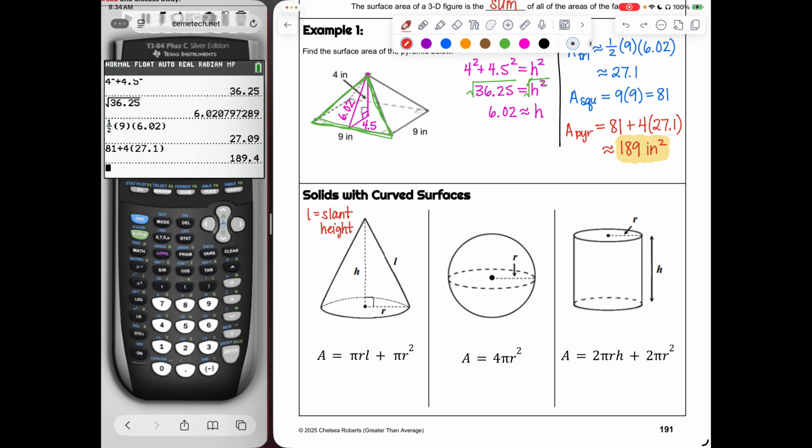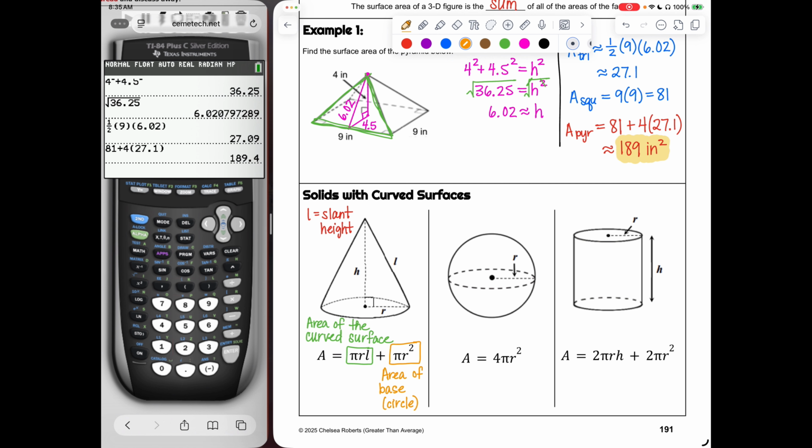All right, therefore we can say that pi r L is the area of the curved surface, and then pi r squared is the area of the base, which is a circle.